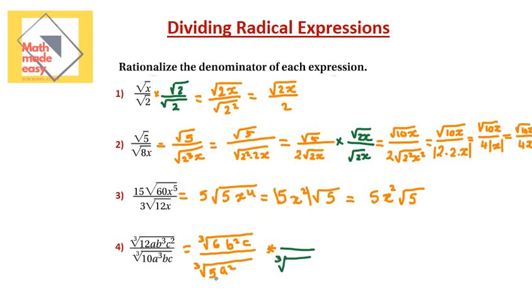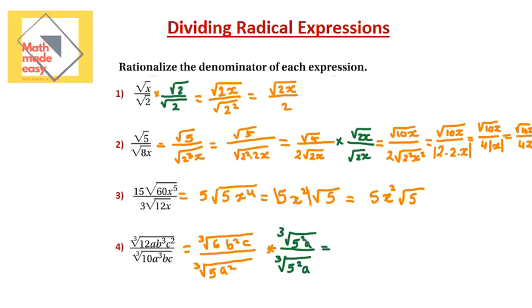So I have here 5. I need another 5 squared to have 5 to the power of 3. I have here a squared. I need only an a to make this a to the power of 3. If I multiply the denominator by cubic root of 5 squared a, I'm going to multiply the numerator by the exact same expression. So 5 squared a.